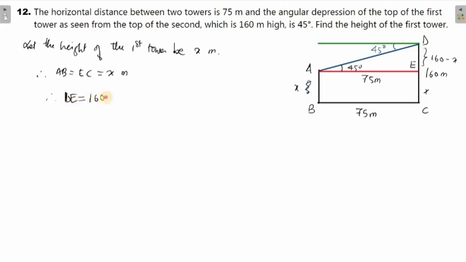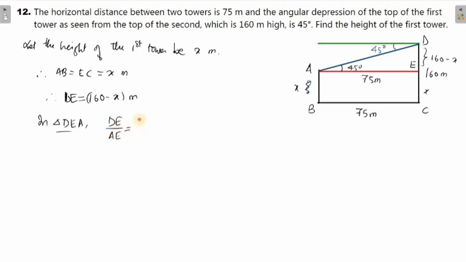DE will be equal to 160 minus x meter. Now let's observe this triangle. In triangle DEA, see here carefully, this is your perpendicular and this is your base. So you have DE by AE.